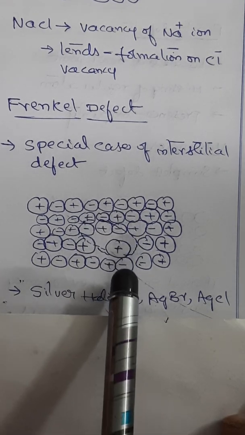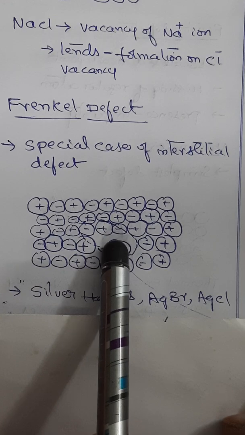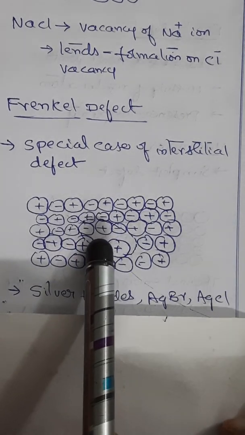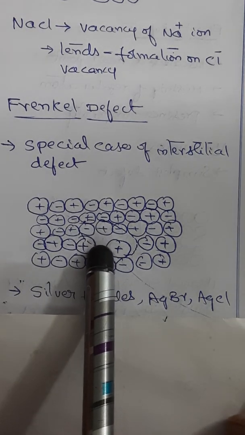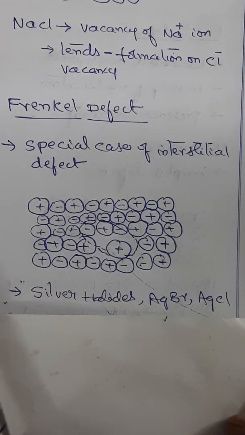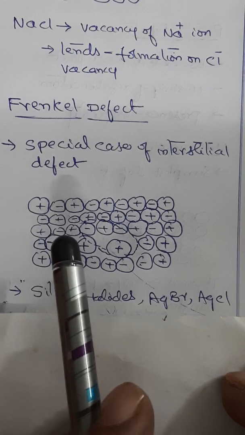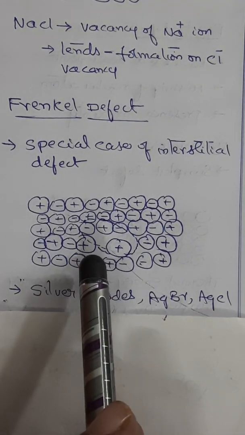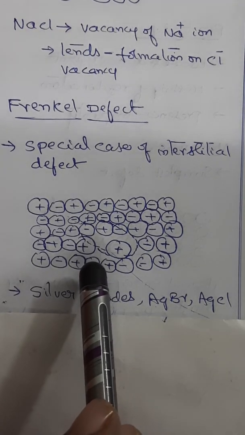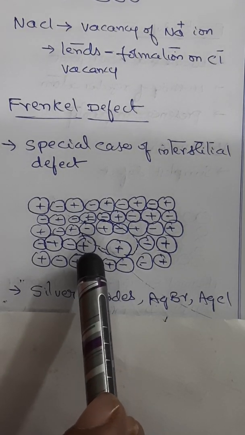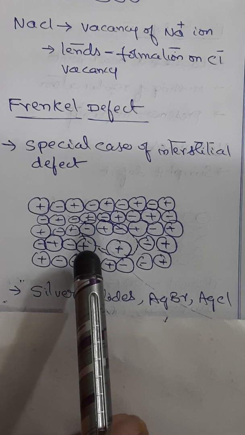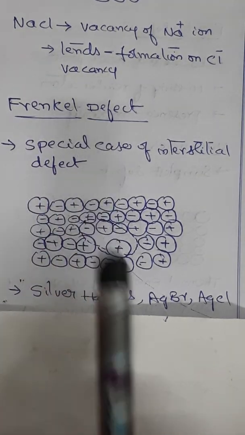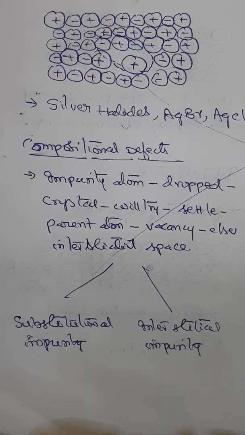This defect is generally exhibited by ionic crystals whose anions are larger in size than cations. For example, silver chloride or silver bromide are examples where the anions are a little bit larger in size than cations. In such cases, Frenkel defect occurs.